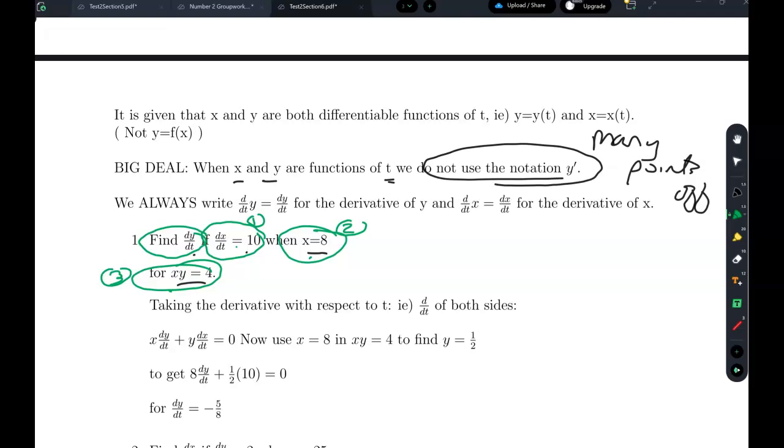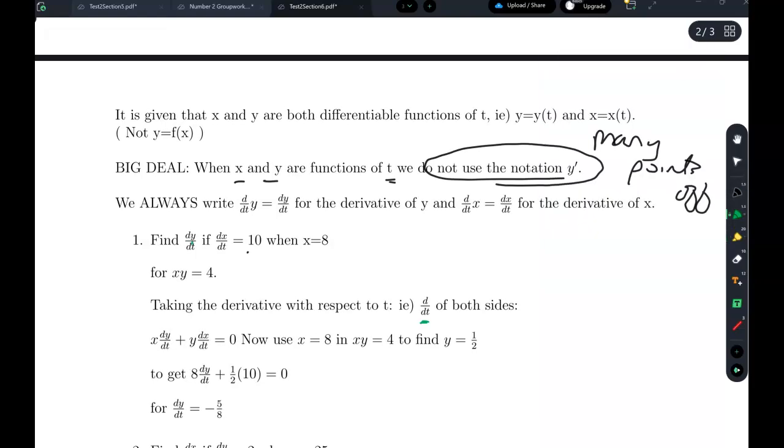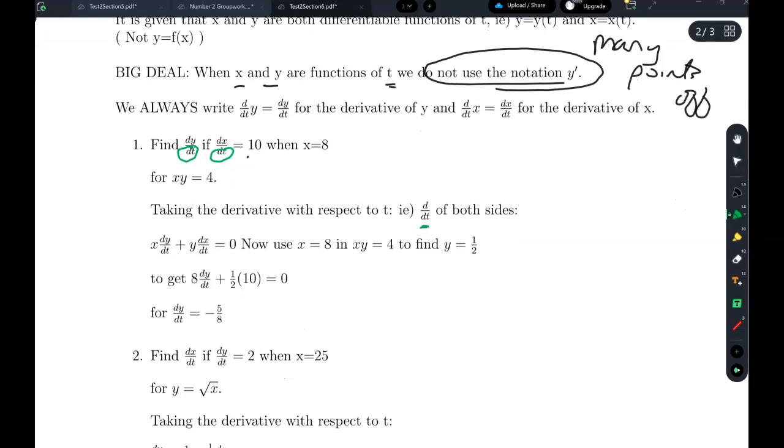So first we're going to take the derivative of this with respect to t on both sides. So let me erase so I can point out. Do you notice, it's d over dt. It's not d over dx. It's d over dt. So if I take the derivative with respect to t, let me just write it over here, derivative with respect to t of xy, the derivative with respect to t of 4.